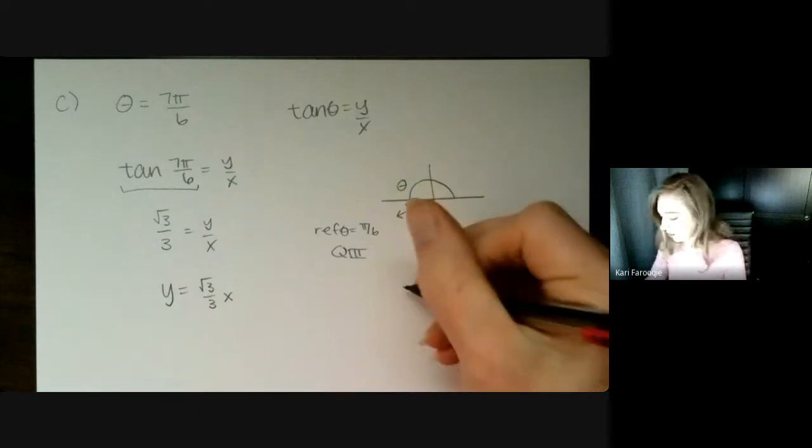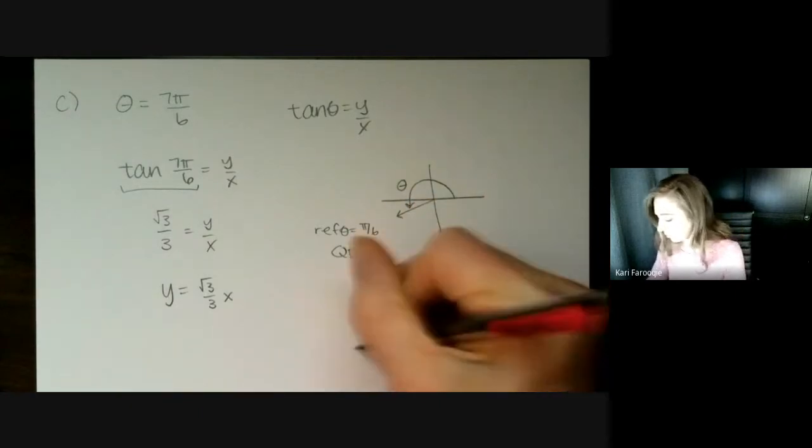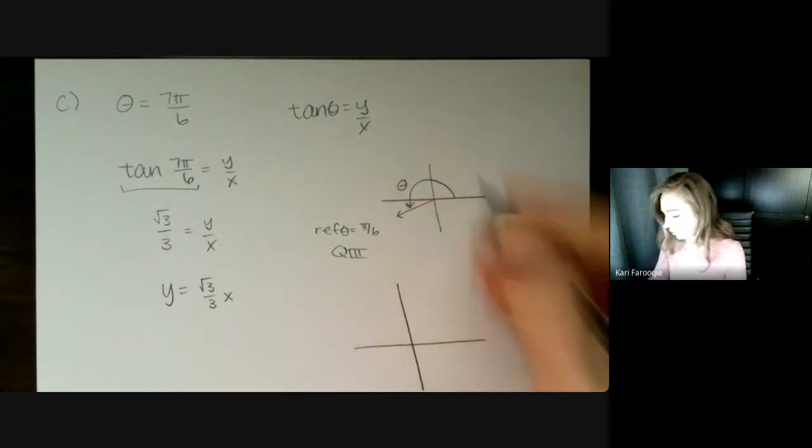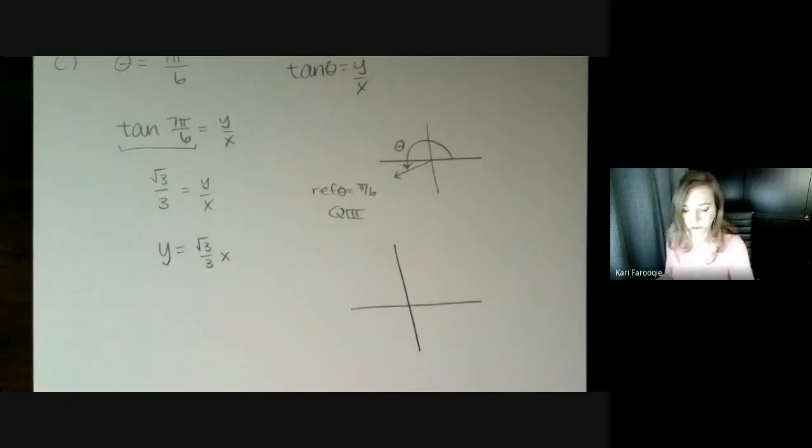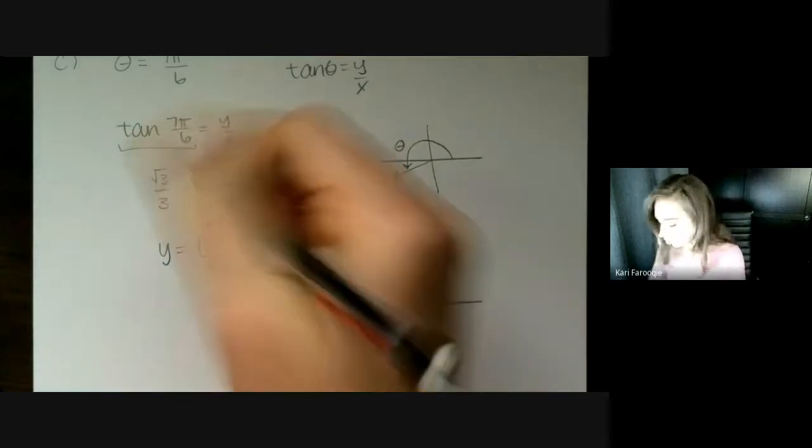So if you were going to graph this, it would just be y equals root 3 over 3 x. What is root 3 over 3? 1 divided by the square root of 3 is about 0.577-ish.